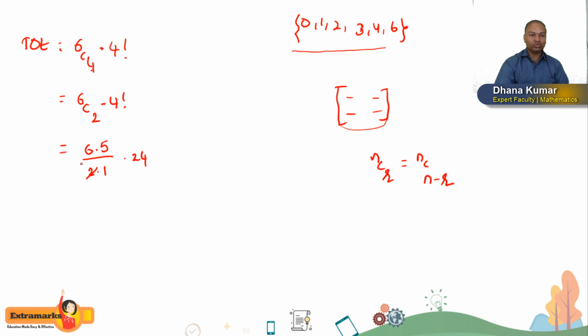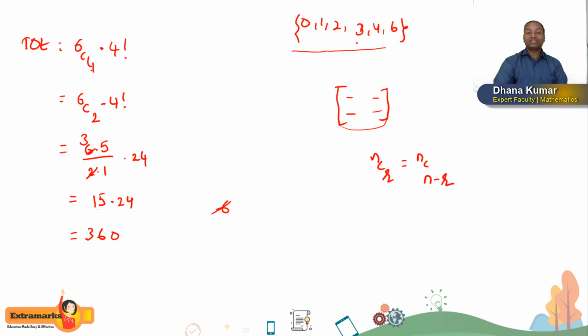Here 2 threes are 6, 3 fives are 15. 15 into 24. 15 fours are 60, 15 twos are 30 plus 6, 36. So total here we got 360 possibilities.